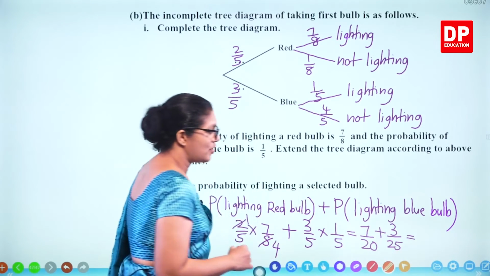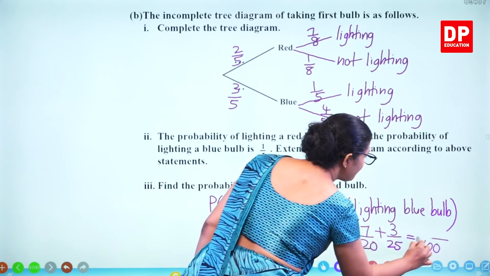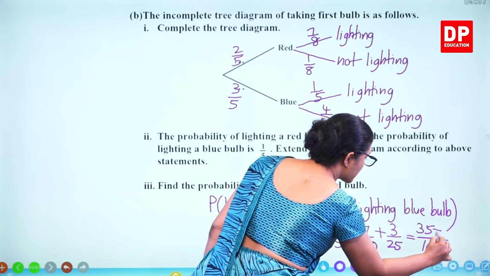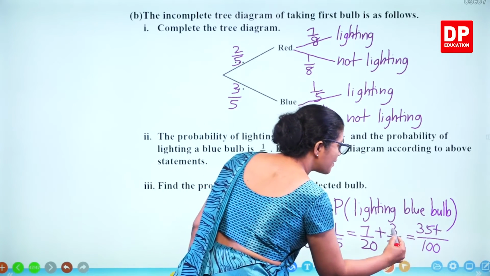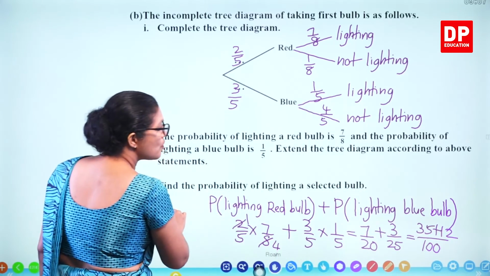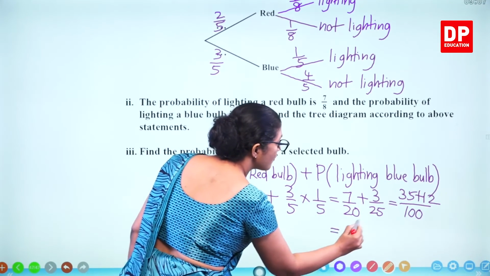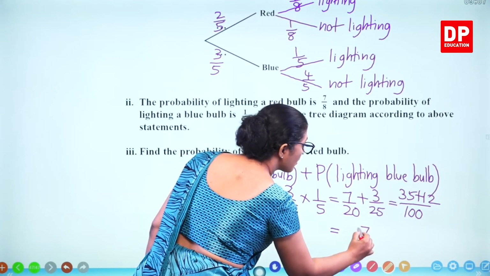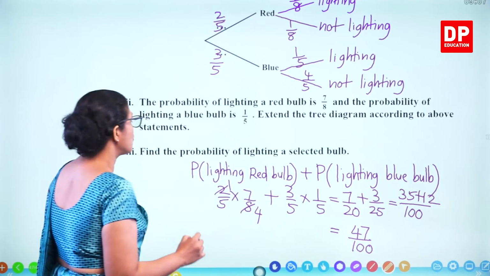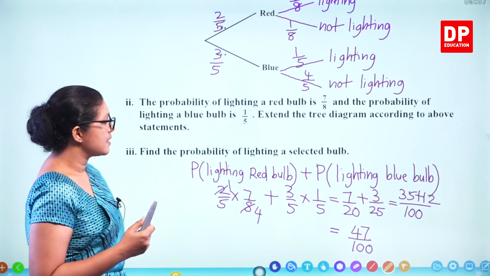So we have to convert to 100. 20 times 5, so 35, plus 25 times 4 is 100, 4 times 3, 12. So what's the answer? You get 47 over 100. So that's the probability of lighting any selected bulb.